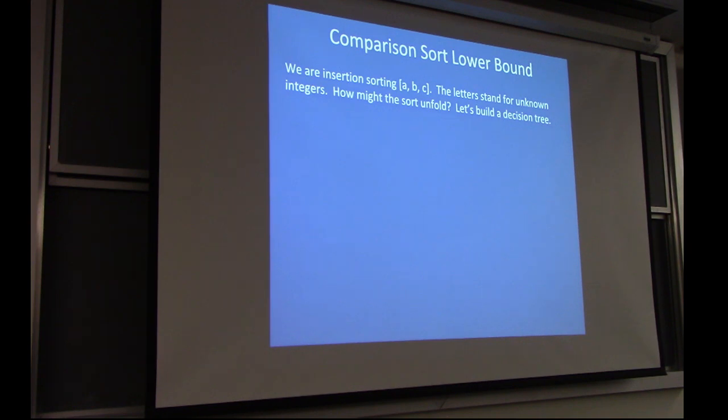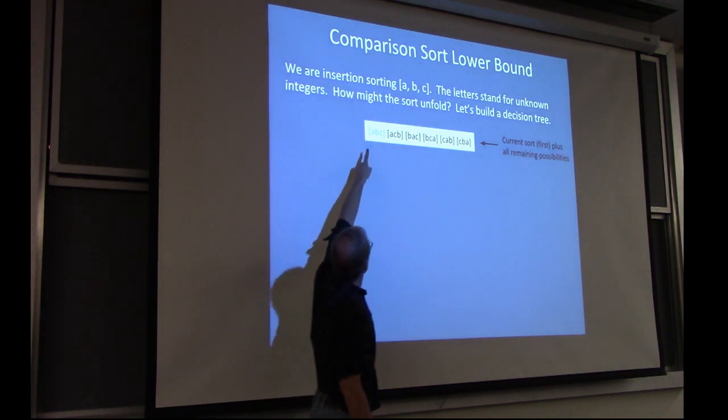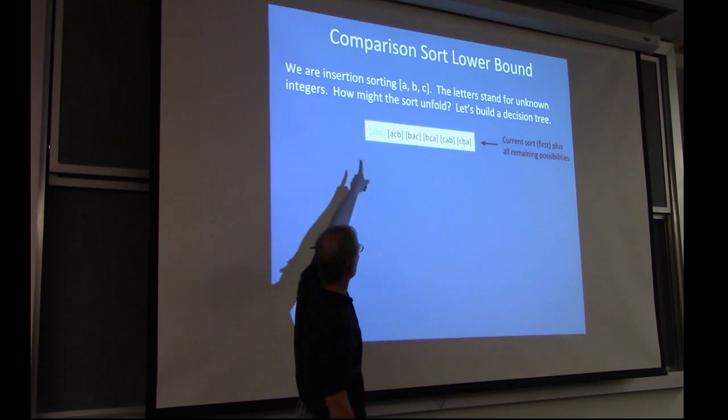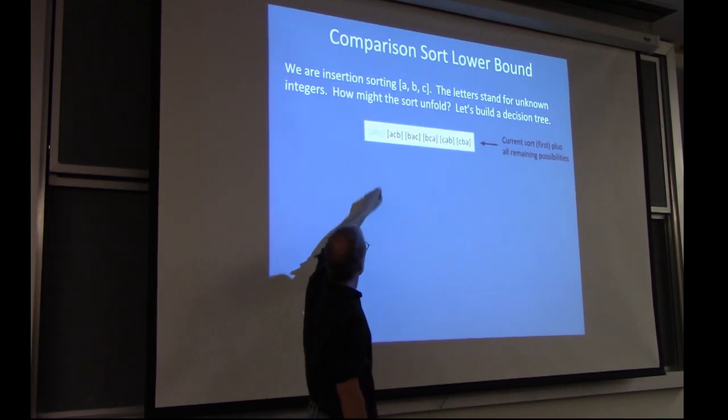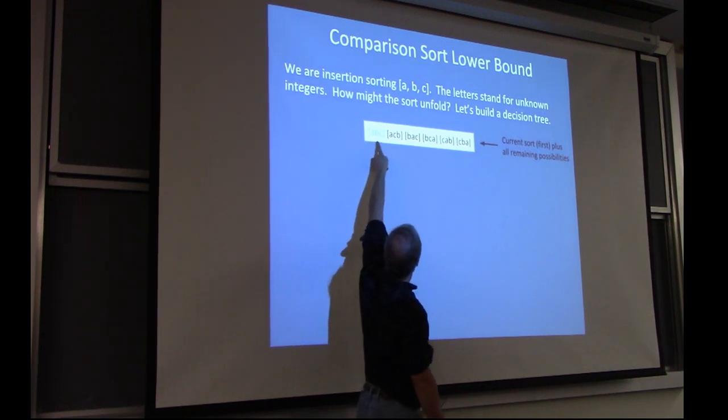We're going to do the proof by building a decision tree. So imagine you're doing insertion sort on an array that contains A, B, C in that order. So I'm going to draw a picture here. This is the current order of the elements. And these are all the possible outcomes.